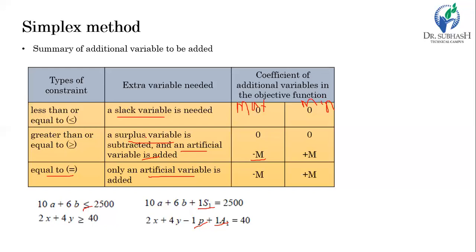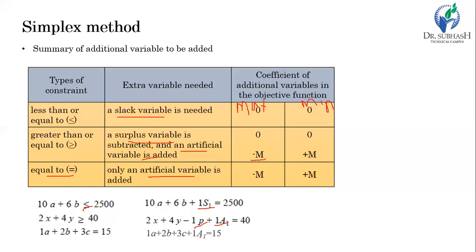Now let's see how to convert an equality type constraint into standard form. So 1a plus 2b plus 3c equal to 50 is already in equality type, but for the requirement of the algorithm of the simplex method, we have to add an artificial variable to convert this constraint into standard form.